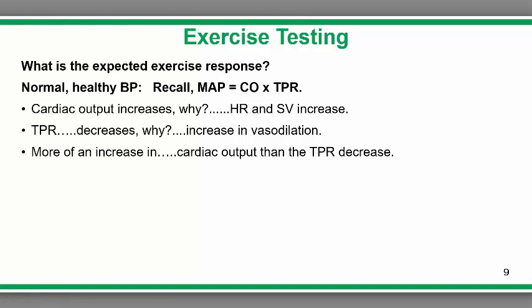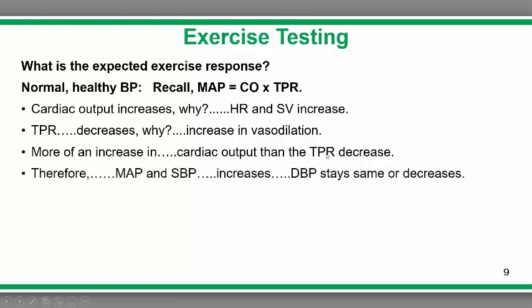And so what actually happens here in terms of the balance of these two factors that determine the product of mean arterial pressure, there is more of an increase in cardiac output. So cardiac output increases more than total peripheral resistance decreases. Therefore, mean arterial pressure will increase, and so will systolic blood pressure.